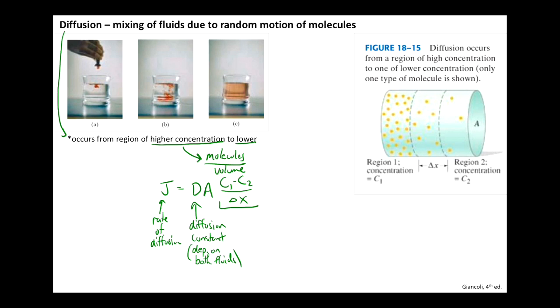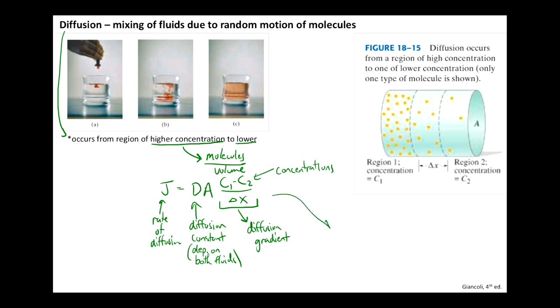And this whole last term could be written as the diffusion gradient, where C1 and C2 are concentrations. You could also write this in a differential form if you wanted to. I'll trust you can find that in the book if you'd like.